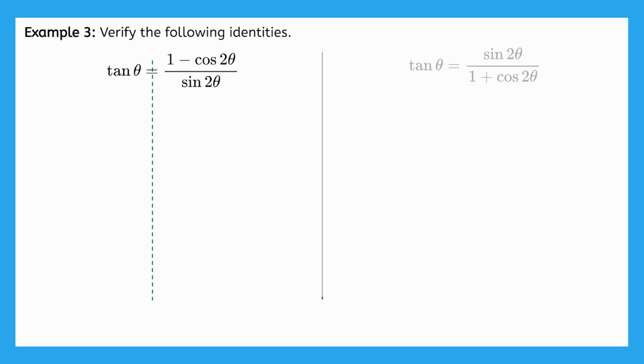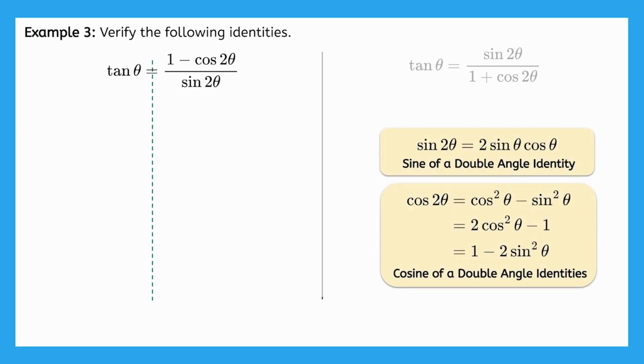Since the right side seems to be the most complex, we can try to simplify it by first expanding it with the double angle identities for sine and cosine. We can replace sine of 2 theta with its equivalent 2 sine theta cosine theta, but which version of the cosine of a double angle identity should we use here? While using any of the three versions would be correct, there's one that would allow us to simplify most efficiently.